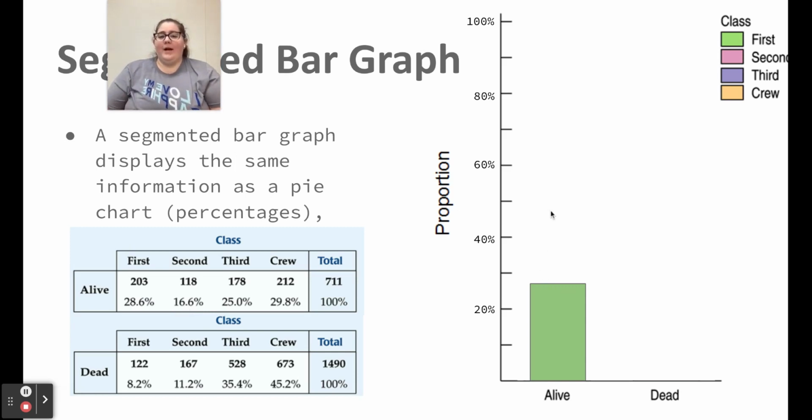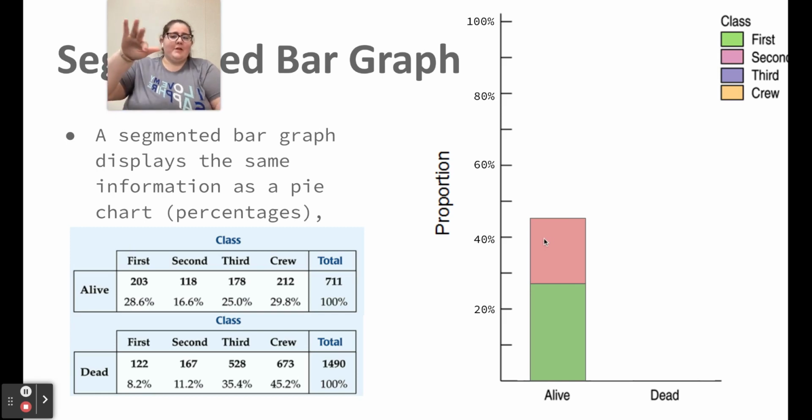If I add 28.6 plus 16.6, I would get somewhere around 45% if I'm doing my math right. So that way I know where this second bar should end for second class. It started at about 28.6 and it's ending at about 45. I think it's 45.2. So that would be that second class bar.